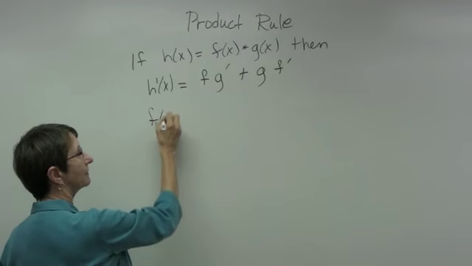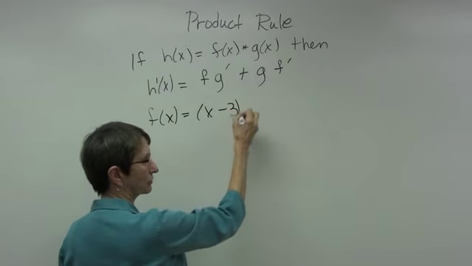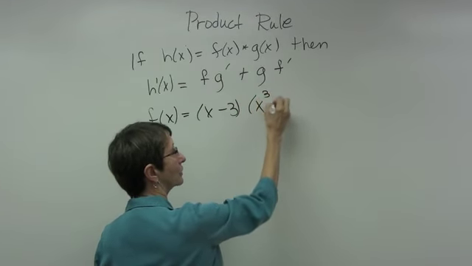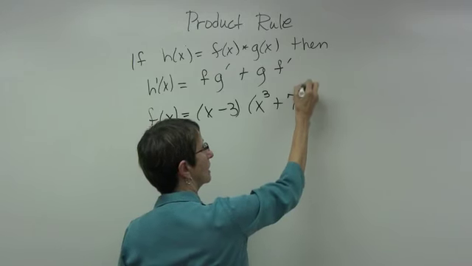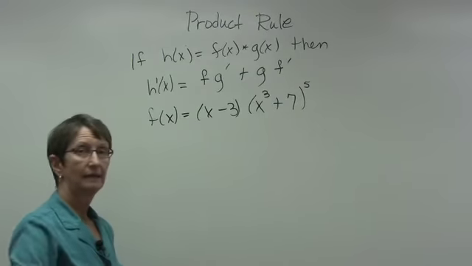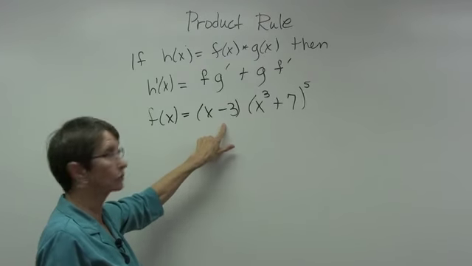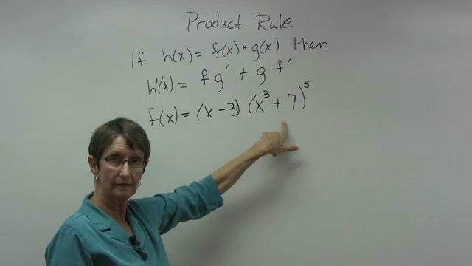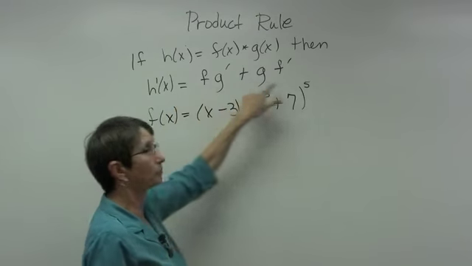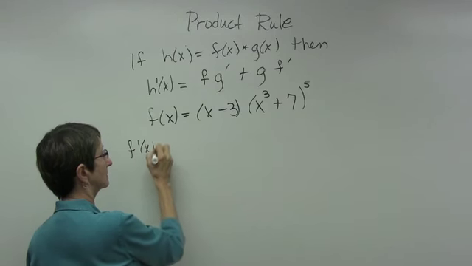Here we have f of x equal to x minus 3 times x cubed plus 7 to the 5th power. I have two parentheses, so it's pretty evident which is my first and which is my second. So we use the product rule to find this f prime of x.